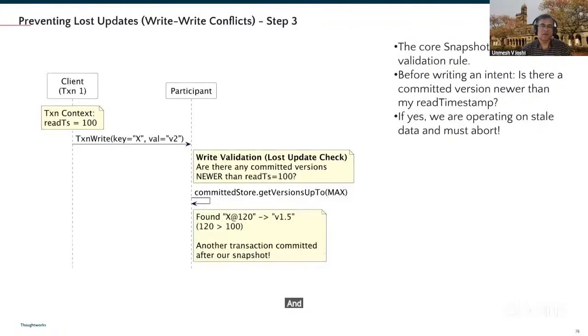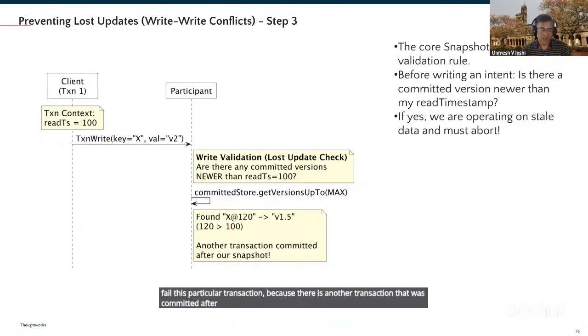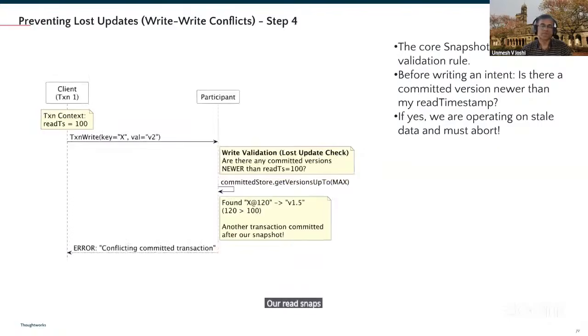If we find that kind of a transaction, it means another transaction committed after the read snapshot of the current transaction, and snapshot isolation validation essentially says that we need to fail this transaction because another transaction was committed after our read snapshot. That's the check we need to add and return an error.